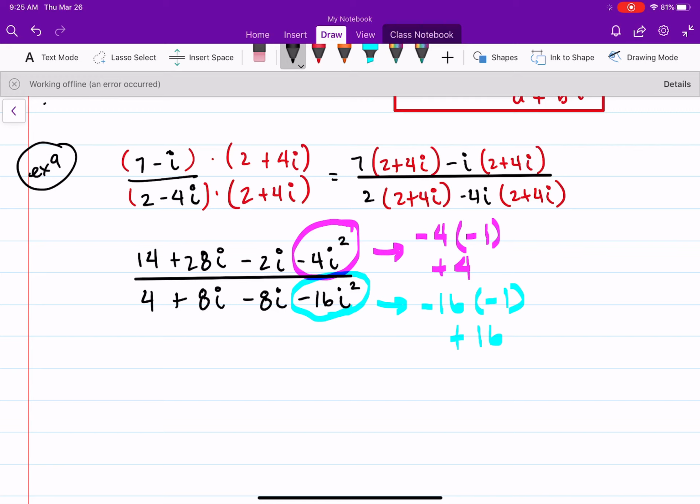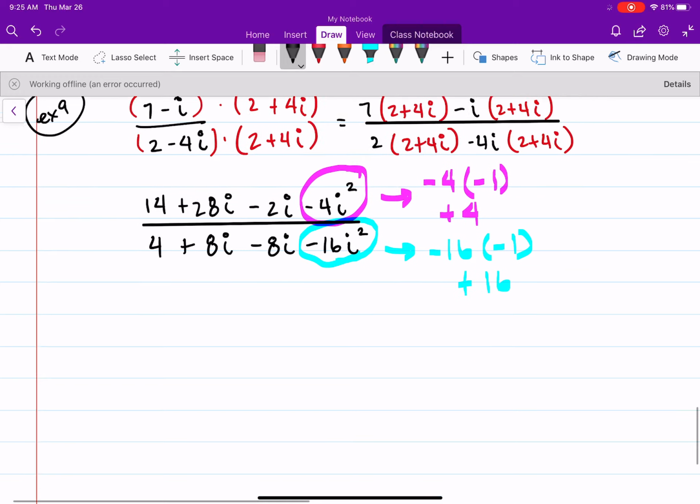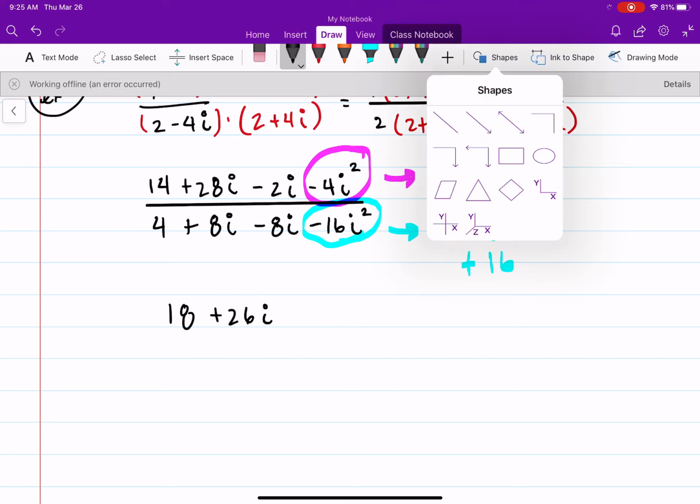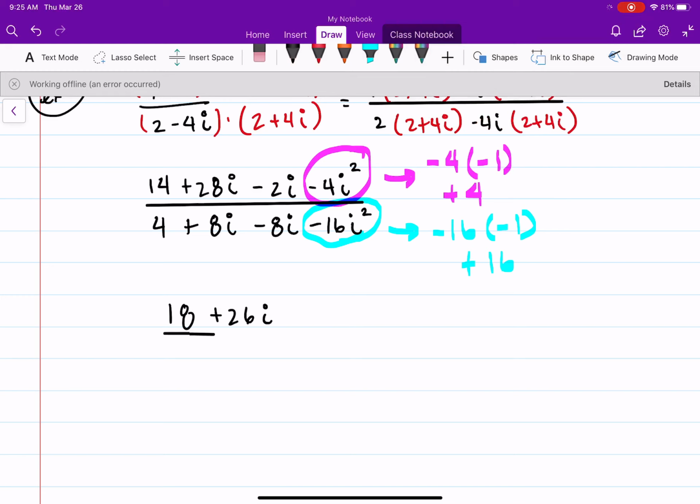So what do we have on top? 14 plus 4 gives me 18, plus 26i. And in the denominator, look at what happens with the i: I have positive and negative, so they cancel each other out. All I'm left with on the bottom is 4 plus 16, which gives me 20.